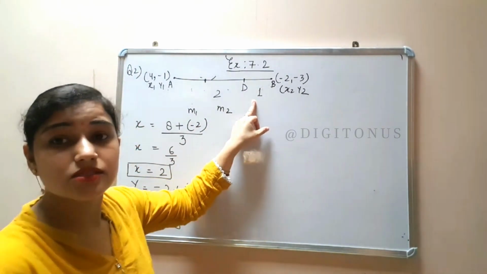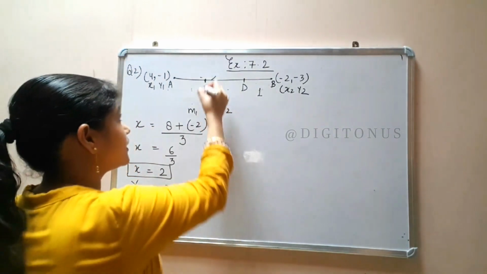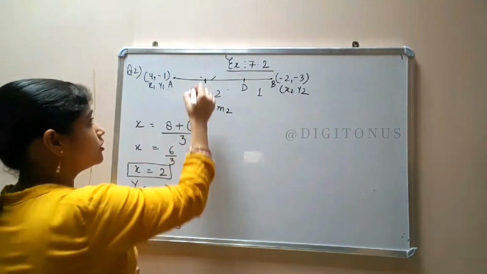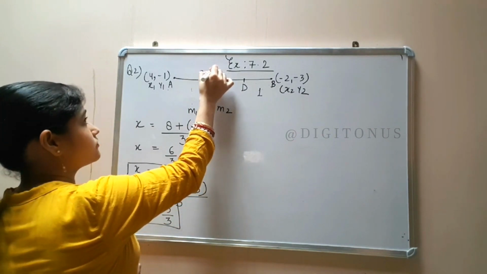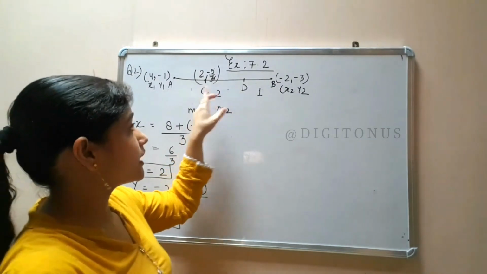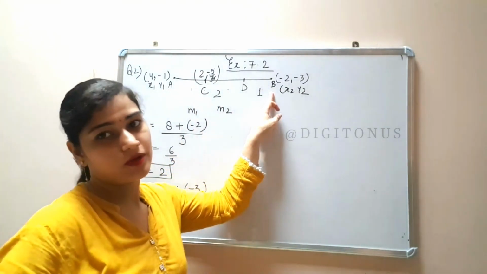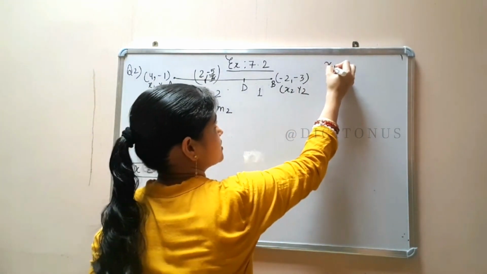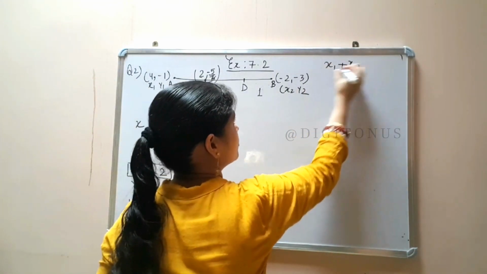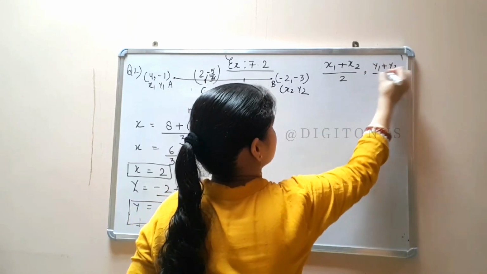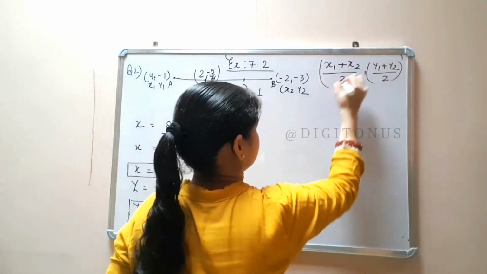Either you do it like this, or, now that you know the coordinate points of point C, which are 2 and -5/3, you can apply the midpoint formula also. The midpoint formula is very easy: (x1 plus x2)/2 and (y1 plus y2)/2.